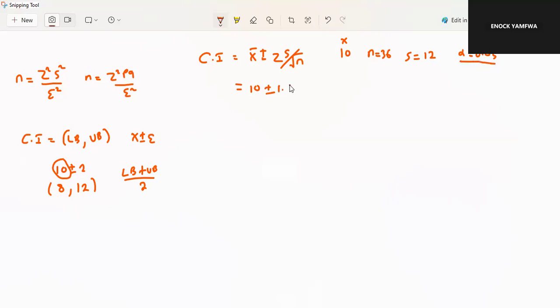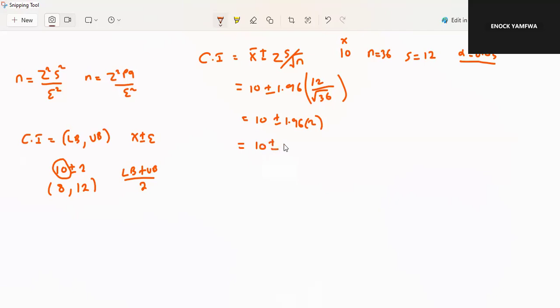The standard deviation is 12 over square root of n. N is 36. The square root of 36 is 6. 12 over 6 is 2. So 2 multiplied by the 1.96 is called our margin of error. When we multiply, we get 3.92.